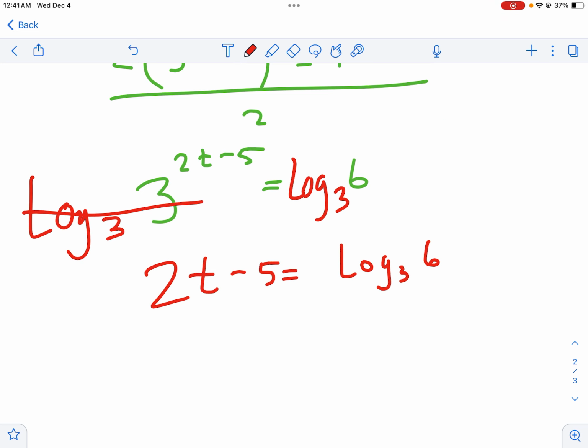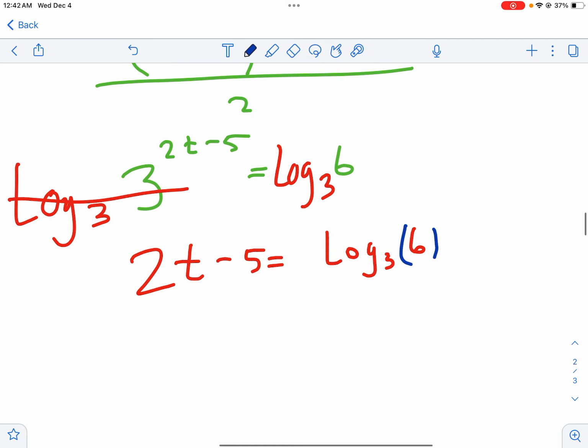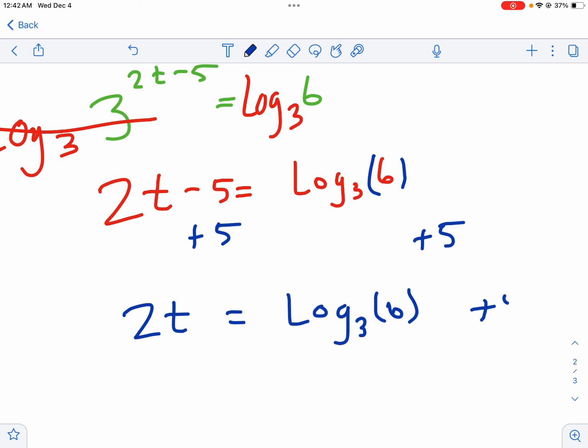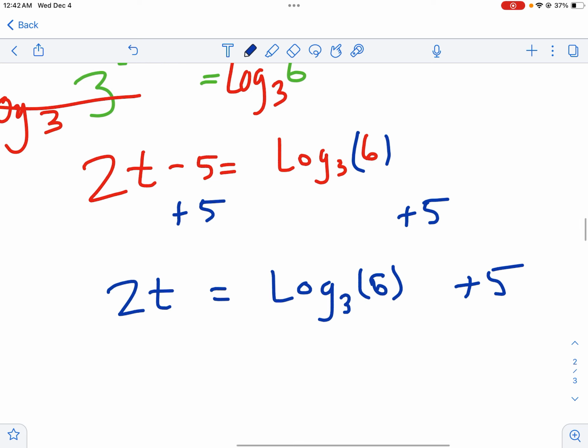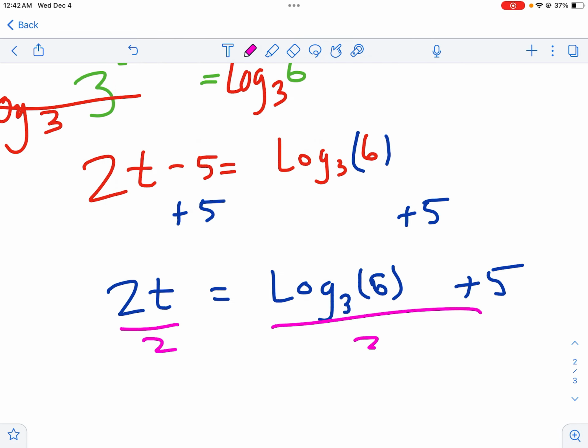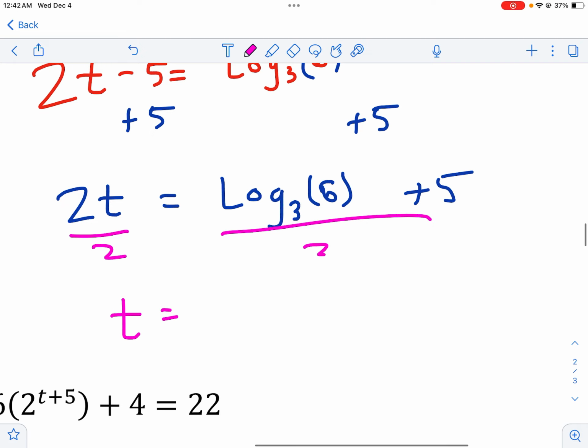So this is the part where you really should use parentheses around the 6. Because the next part where we add 5, I guarantee you somebody, or even you're going to try to add the 6 and the 5 to make it 11. Which is not true, because this is a number. The 6 is attached with that log. So this is just log base 3 of 6 plus 5. Right, the 5, it's its own. And then lastly, we can just divide by 2. It's just not going to be a pretty number, but that's fine.